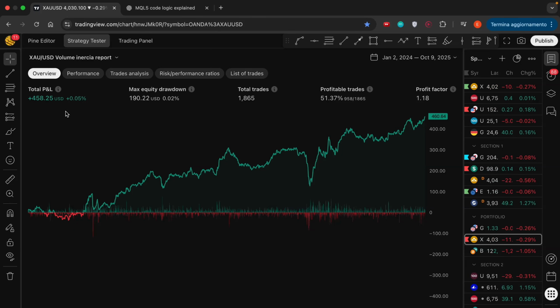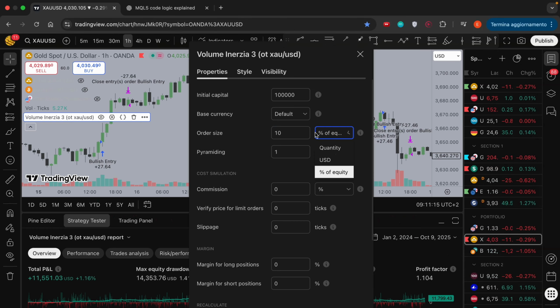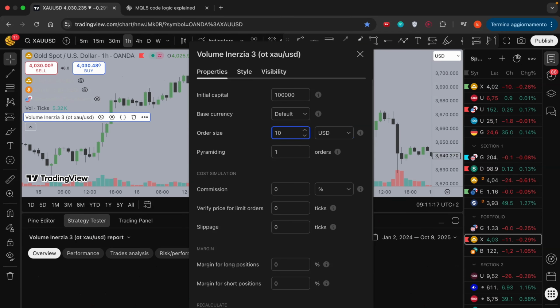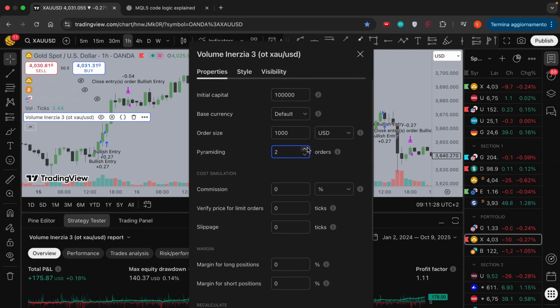Those profit and loss figures are based on the capital. We can do 100,000 of capital for, let's say, 1% fixed risk, and also pyramid 0.3 like that.